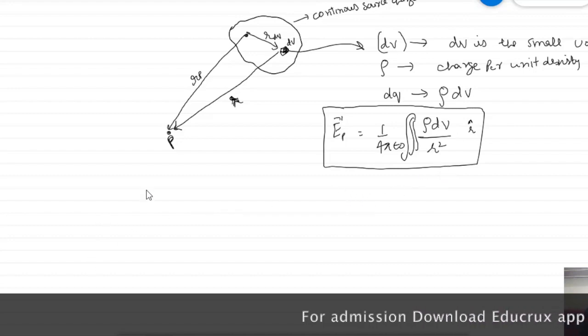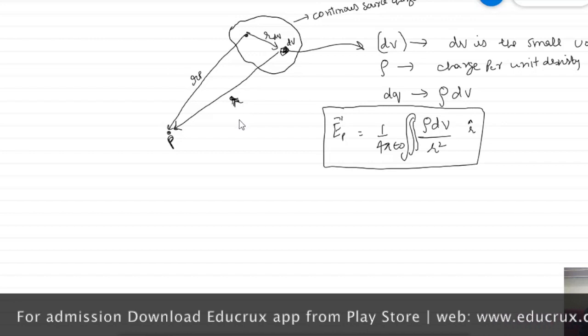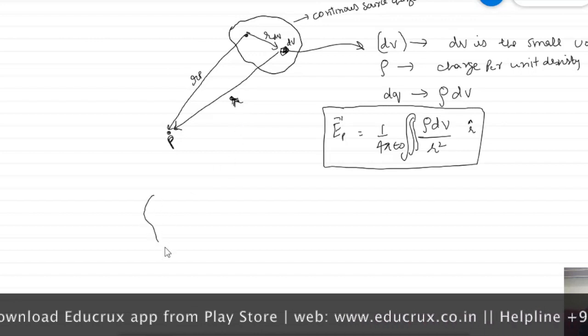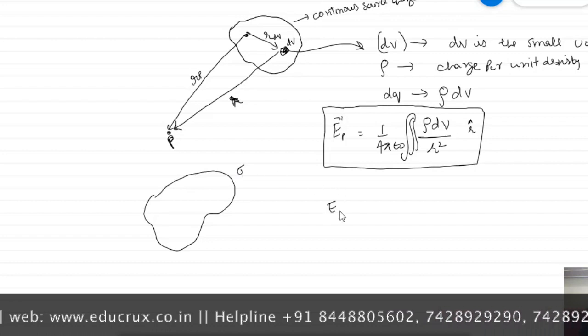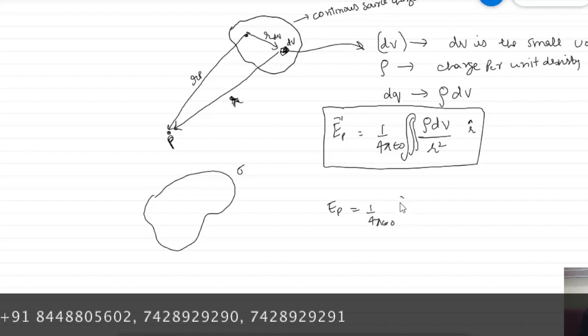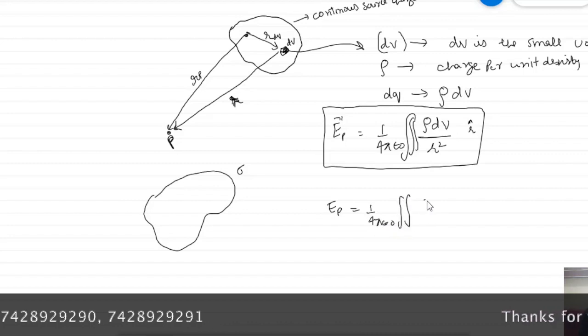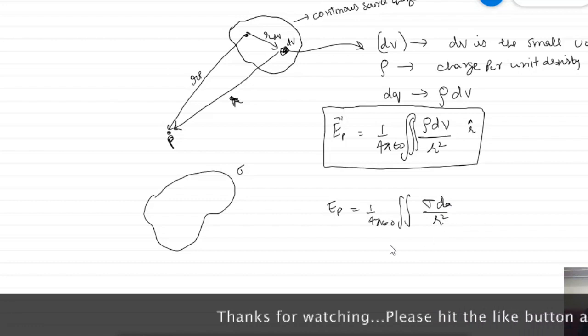And suppose that rather than a bulk volume, we have a surface charge distribution sigma. Then my electric field at point P changes to 1 by 4 pi epsilon naught, integral of sigma dA upon r square.